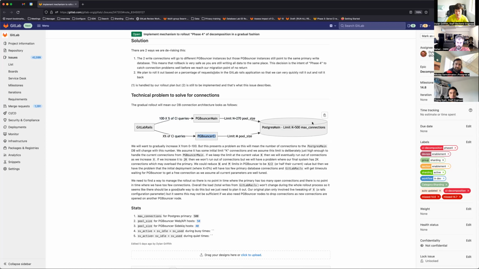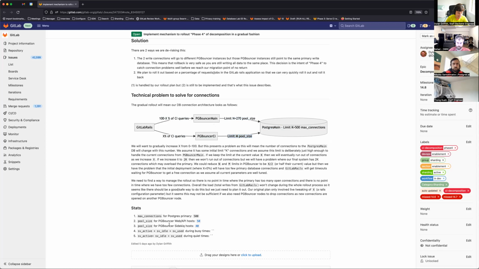The logical conclusion is, okay, we have these limits we can place in here and we will just increase and decrease those in lockstep with this dynamic percentage increase over here. It's a bit more annoying on this side because it requires us to do a reconfiguration of PGBouncer, which is controlled by our deployment pipelines and needs restarts of things, but is doable, or at least needs to reload the PGBouncer configuration.